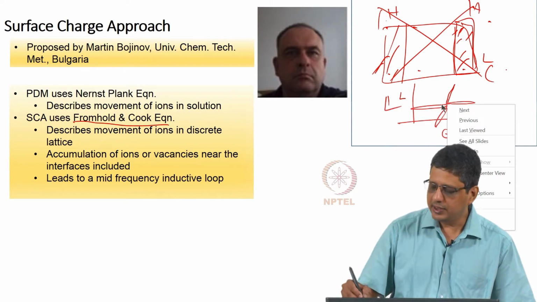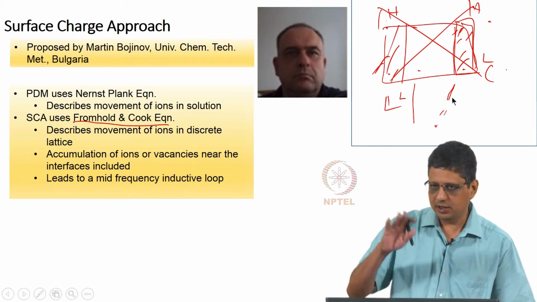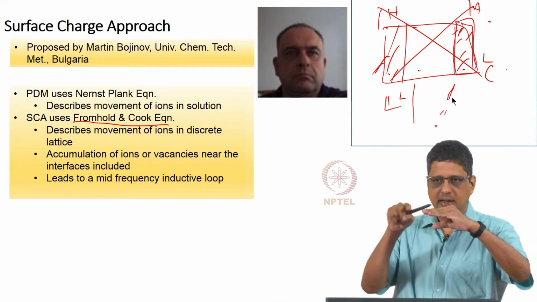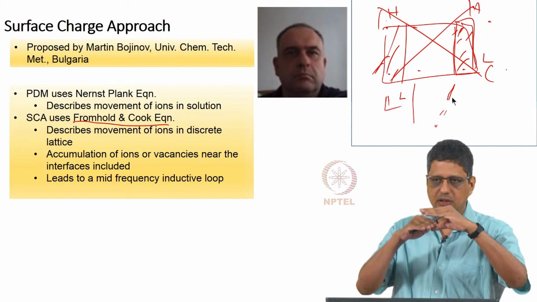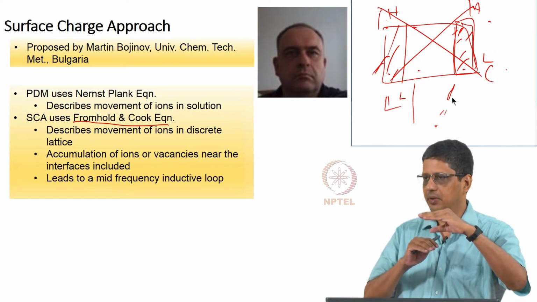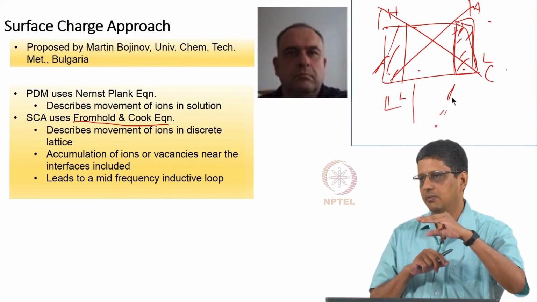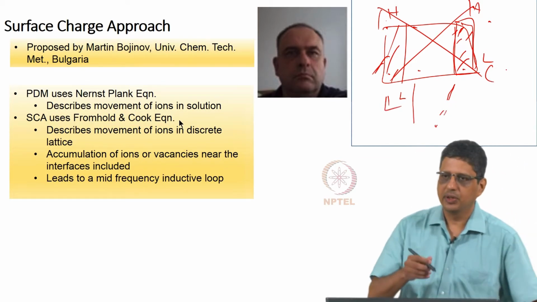So, if I go to low frequency, it is possible that the film thickness varies with potential. Normally, when we apply a sinusoidal potential, we say this is the DC potential, this is the film thickness. I cause a perturbation, I apply an AC, I assume the rate of movement of the electrons, holes, vacancies will vary. I normally do not assume that the film thickness will vary, but here you can take the variation of film thickness into account.